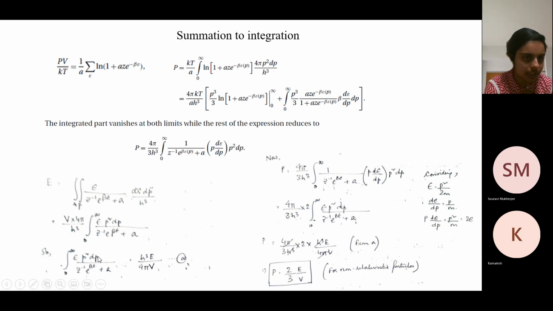This integral can be written in terms of the volume and the energy by this expression, which we got from the expression for the energy in integral form. If you use this relation, you can put this value in that integral and see what you get.